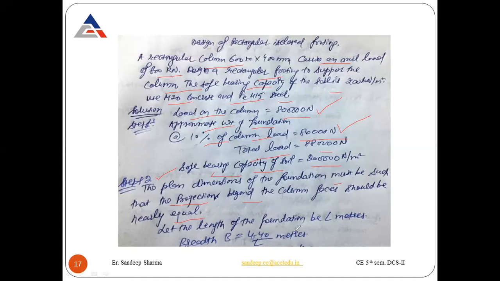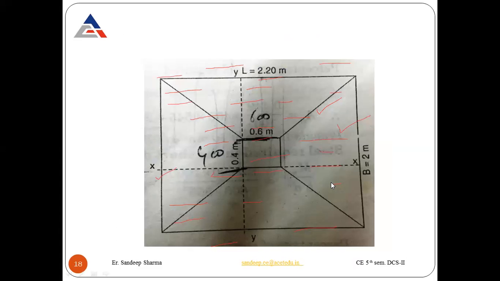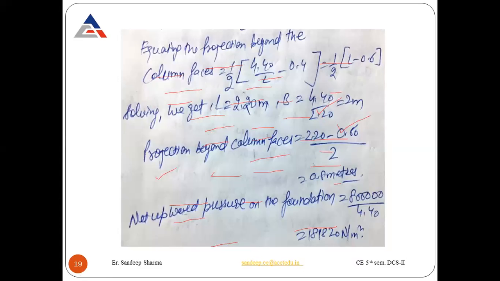Let the length of the foundation be L meter, and the breadth will be 4.40 meters divided by L. So this is how to decide the projection.